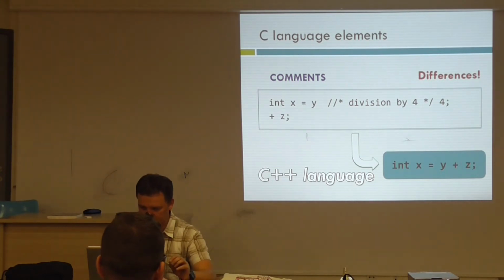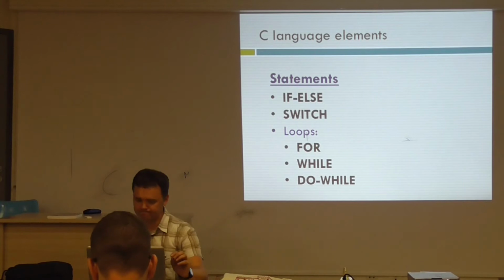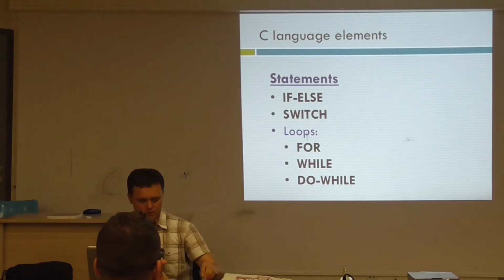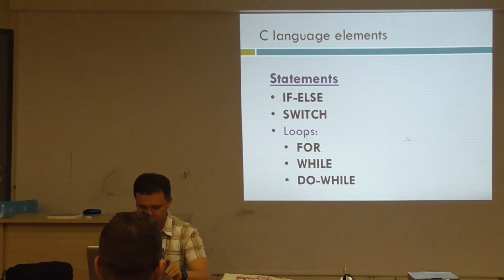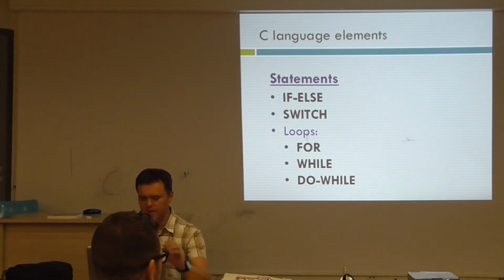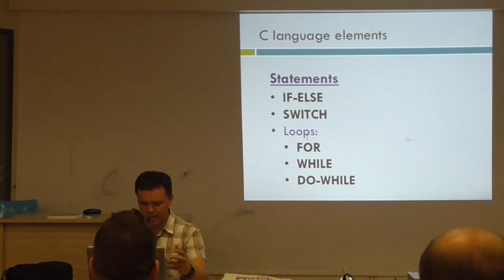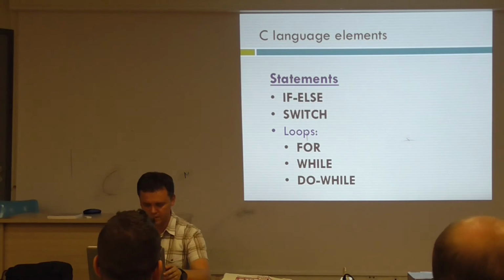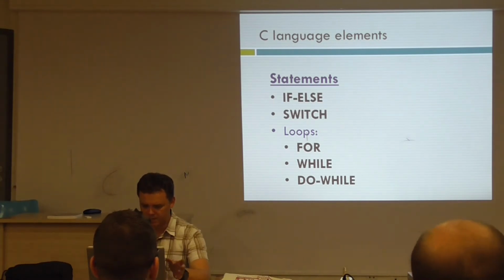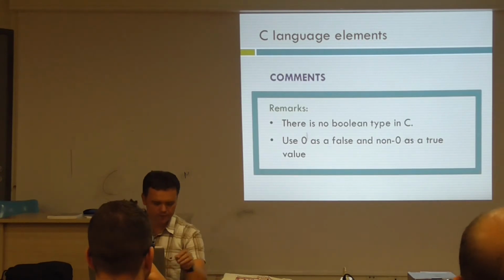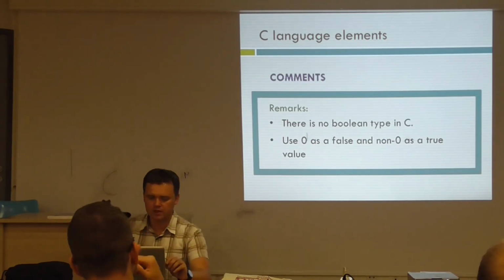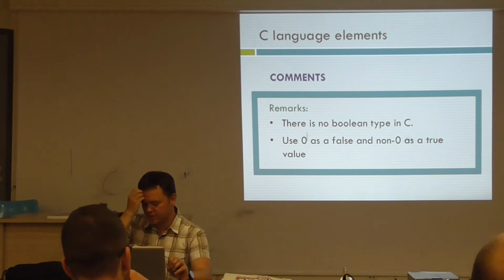Okay, now the next part, maybe not so very interesting, but I have to say something about it. Some statements: if, switch, loop, for, do while. The most important is that bool exists in Objective-C.